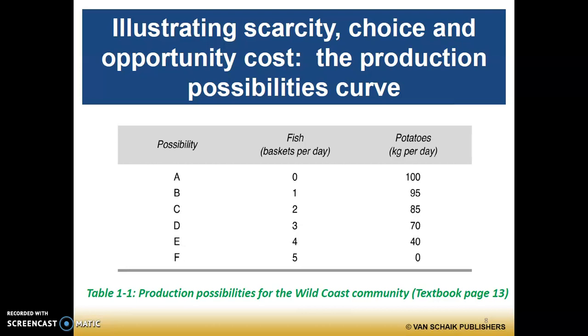The community therefore has to choose between more potatoes and less fish, or more fish and less potatoes. Given the available resources, it is impossible to produce more of one good without decreasing the production of the other good.